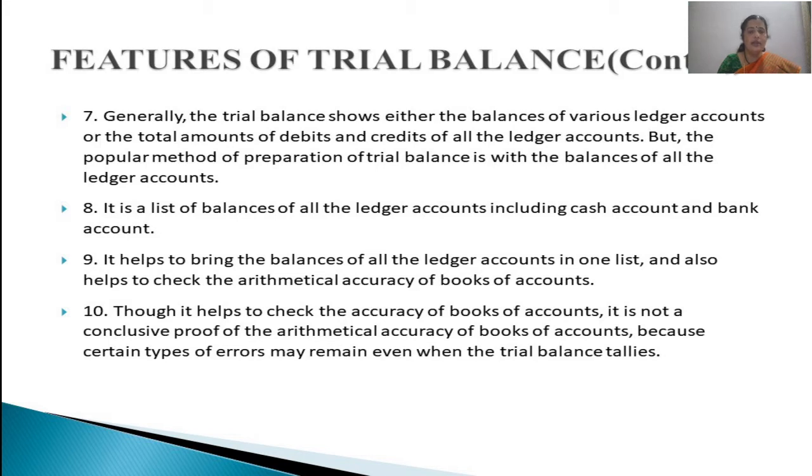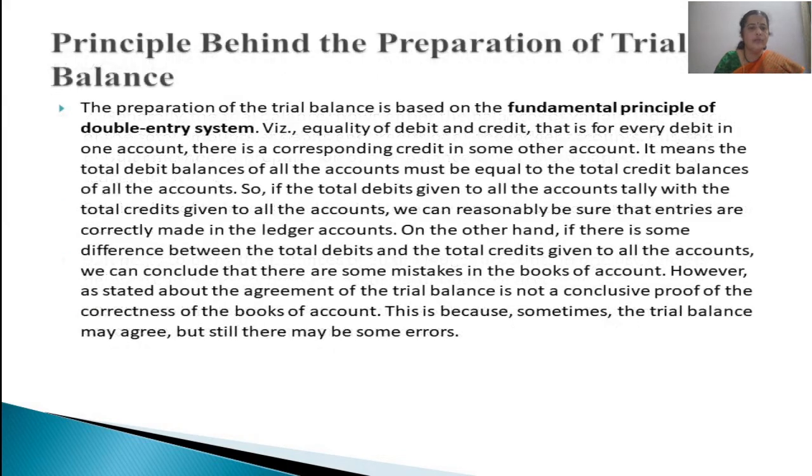In that case you have to take the totals before balancing the accounts. Otherwise, what you can do is balance all the ledger accounts and take only the balances to the trial balance. It helps us check the arithmetical accuracy of the books of accounts.